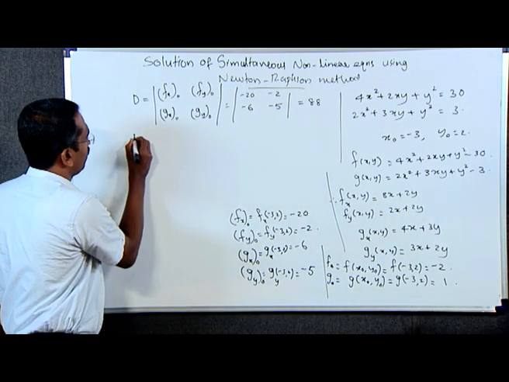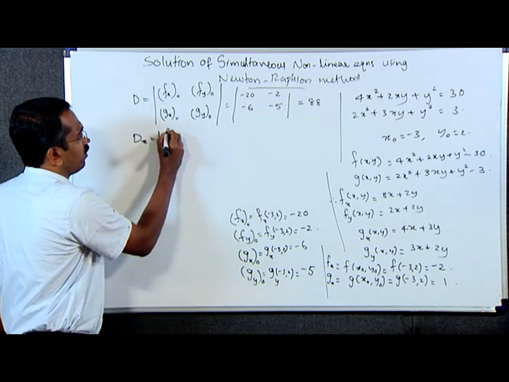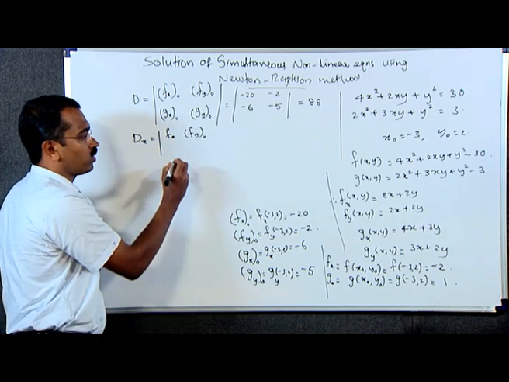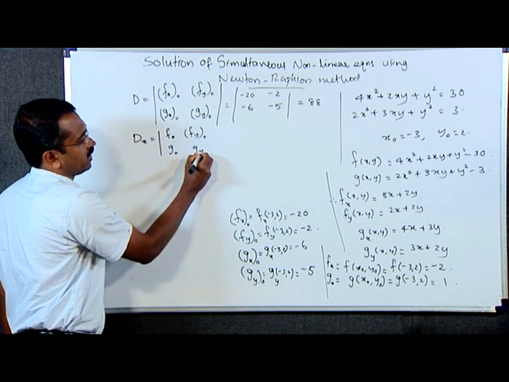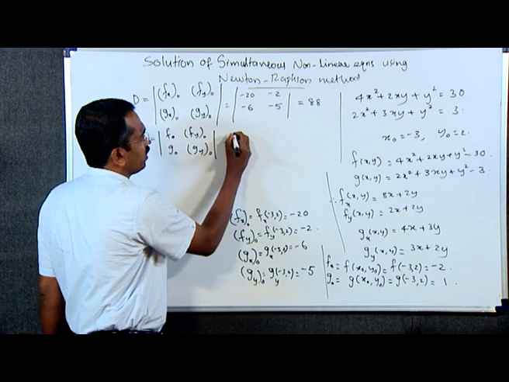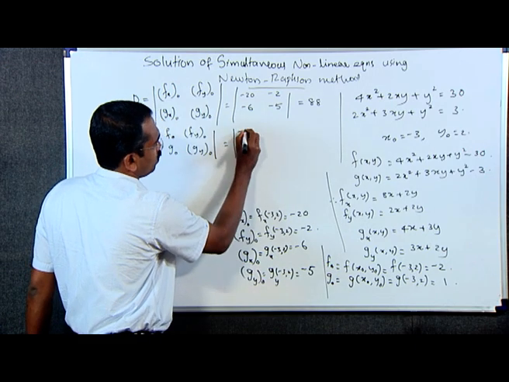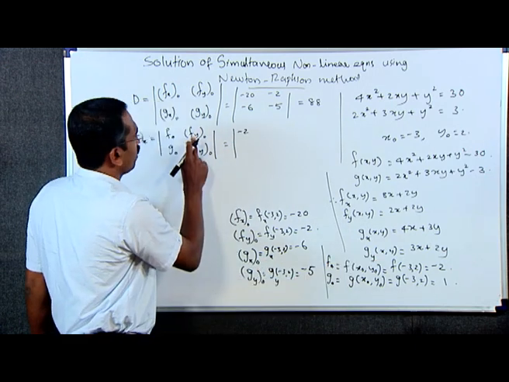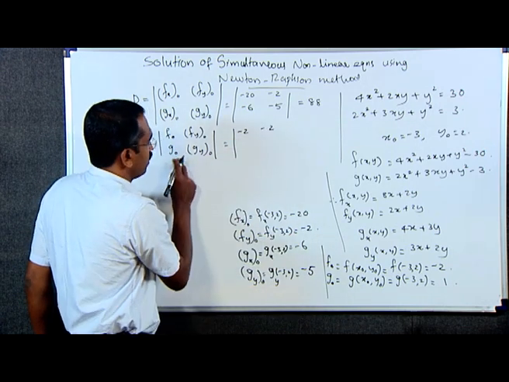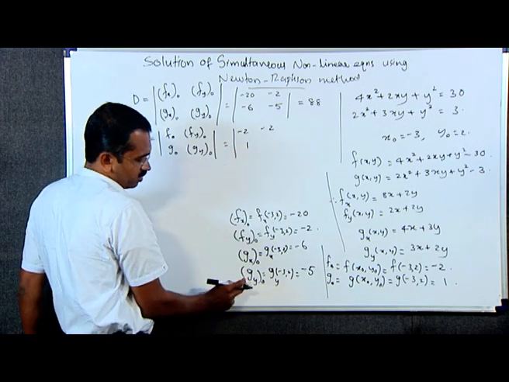Now, dx, determinant of f naught, f y naught, g naught and g y naught, which is equal to determinant of f naught is minus 2, f y naught is again minus 2, g naught is 1 and g y naught is minus 5.